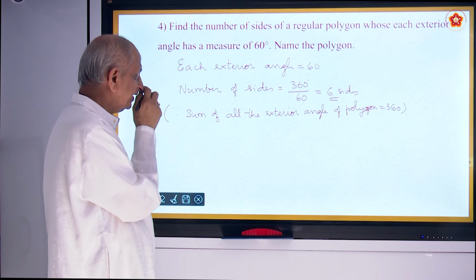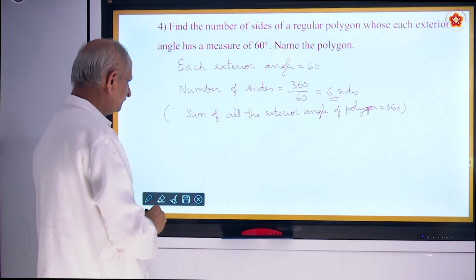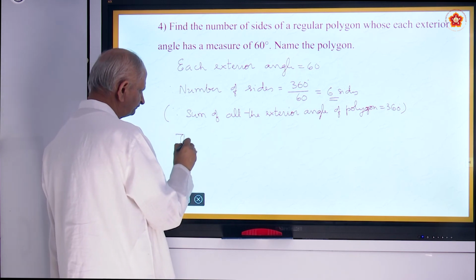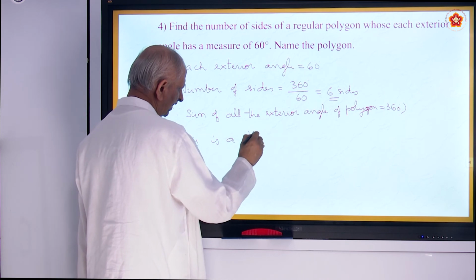So you have 6 sides. They are asking to name the polygon. So this is a, what is the name? Hexagon.